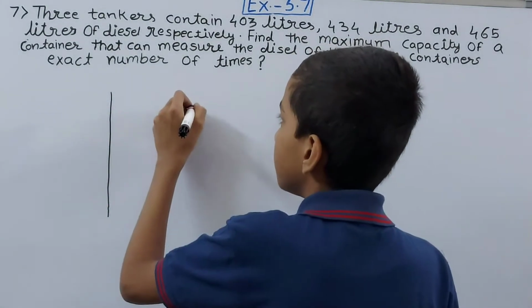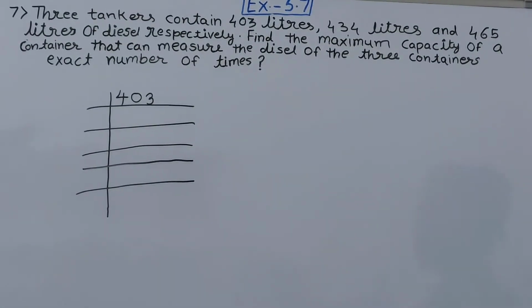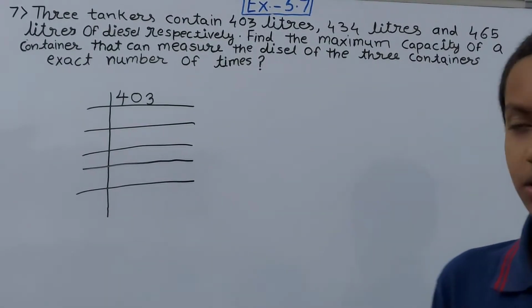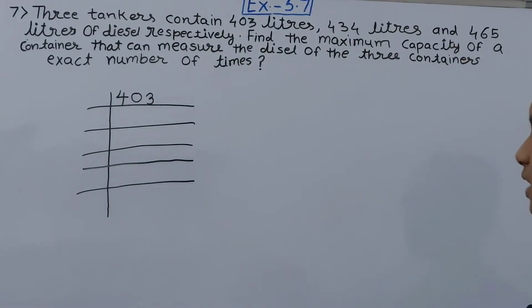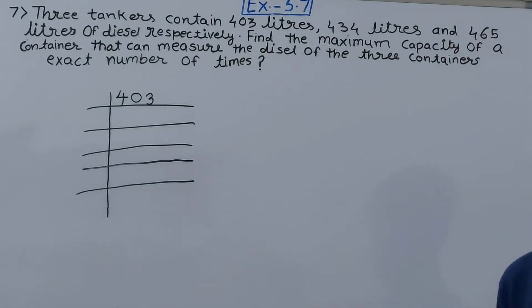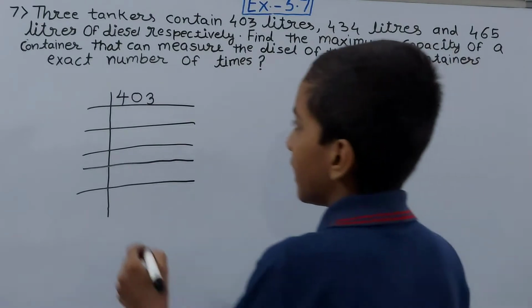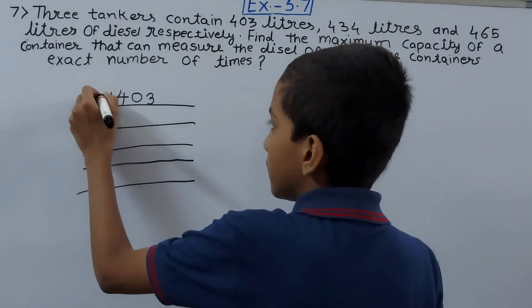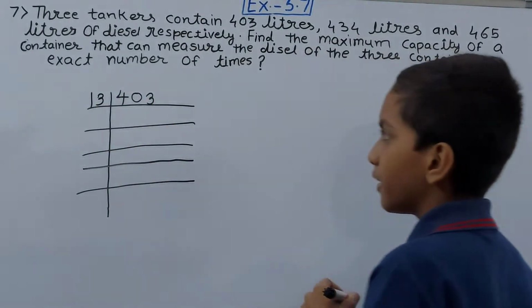Friends, the first step in this type of method is to look for a factor. Alright, so what is the factor of 403 here? If you think it is 2, 3, you will keep on checking, but 403 will directly go by 13.